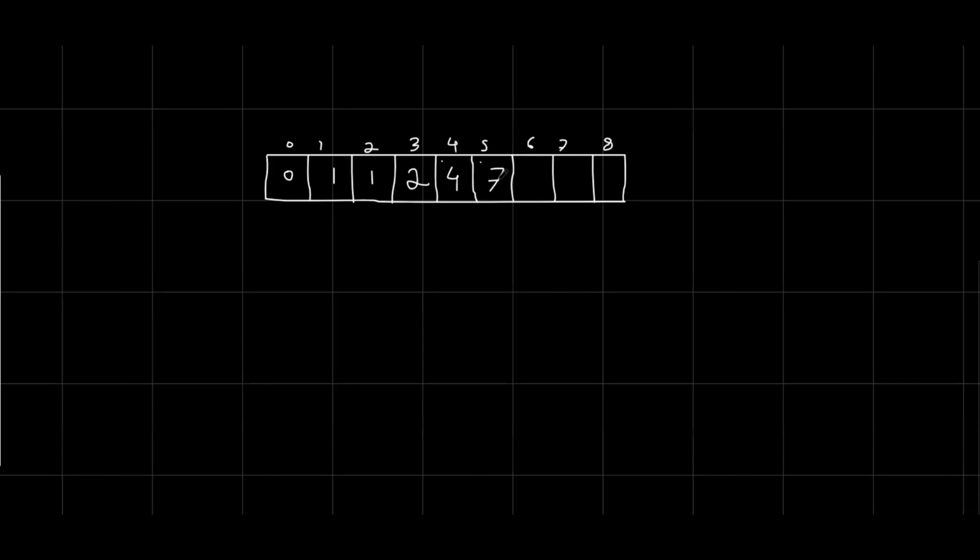Now, the value presented at index 6 is 7 plus 4 plus 2, which is 13. Now, the value presented at index 7 is 13 plus 7 plus 4, which is 24. Now, the value presented at index 8 is 24 plus 13 plus 7, which is 44.